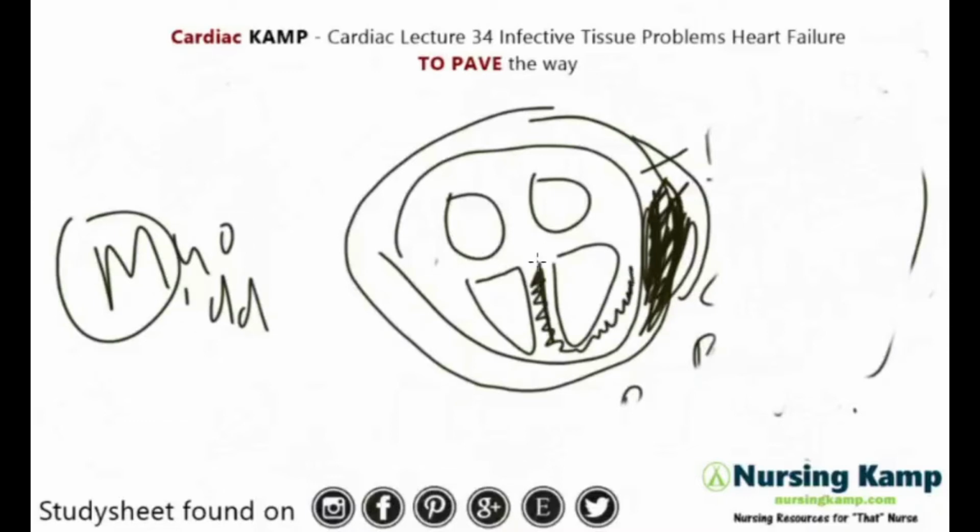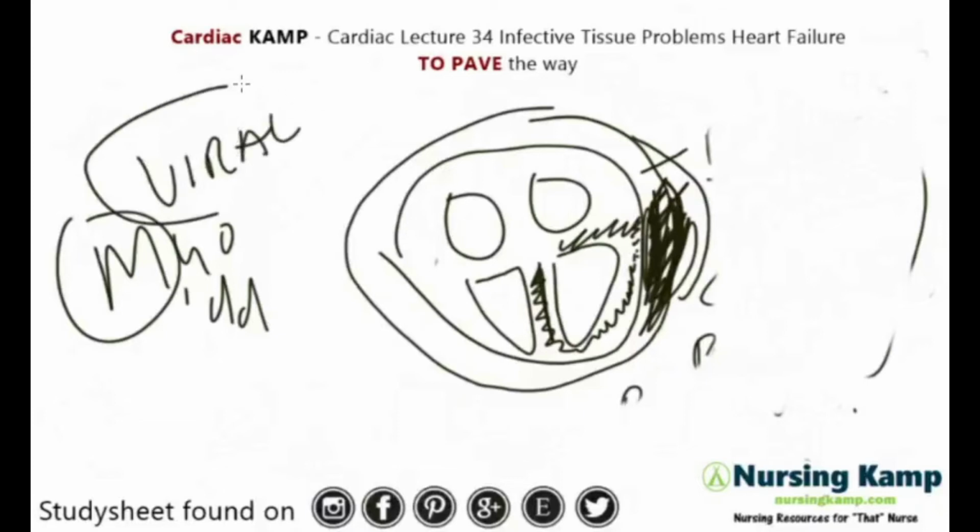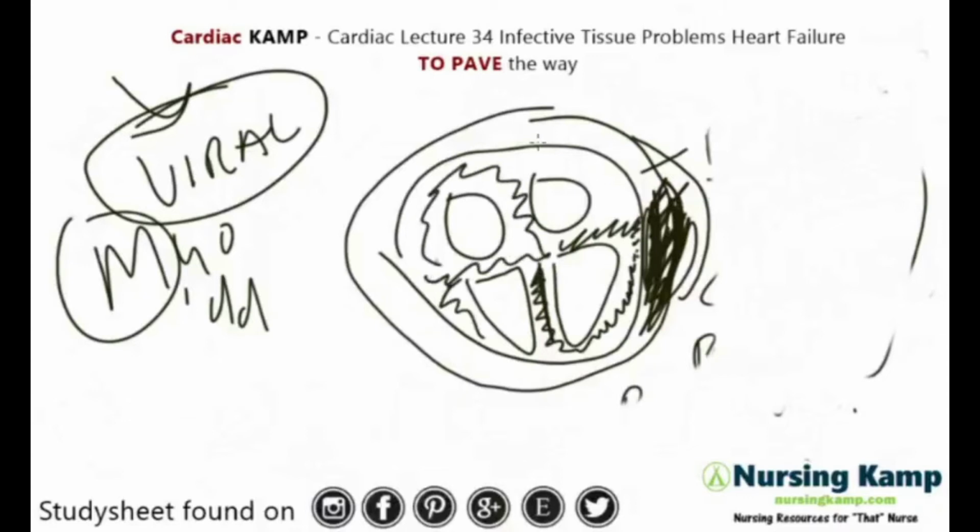And that's very specific in the sense that myo viral tends to be the most specific for that, because it affects the whole tissue. And we're talking about infective problems. You can have bacterial problems that result from endocarditis into the myocardium.